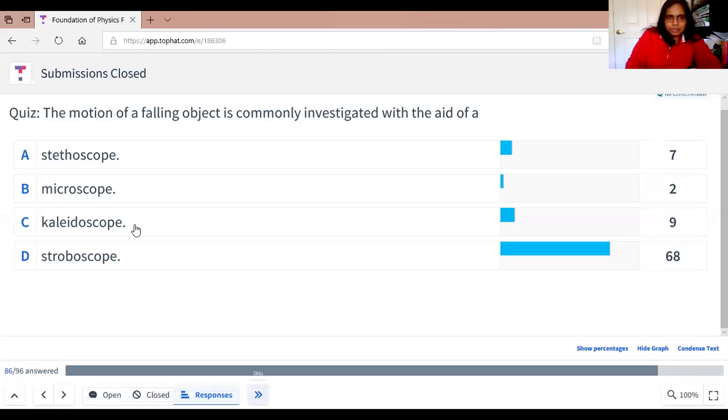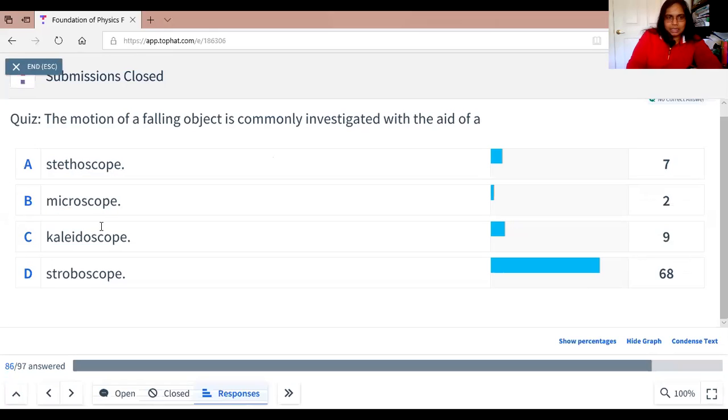Stethoscope. Who says that? Raise your hand. Who uses a stethoscope to measure the falling object? Maybe a falling heart or something. Microscope. That is to enlarge the small object, like you're using an optical device. Kaleidoscope. That is a really cool device that maybe when you were kids you might have used.